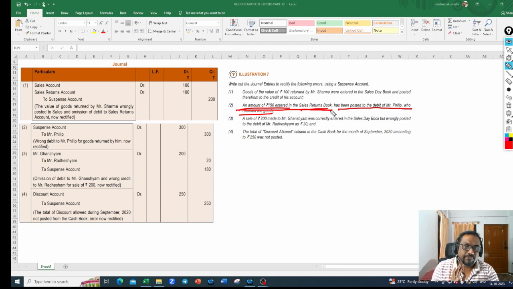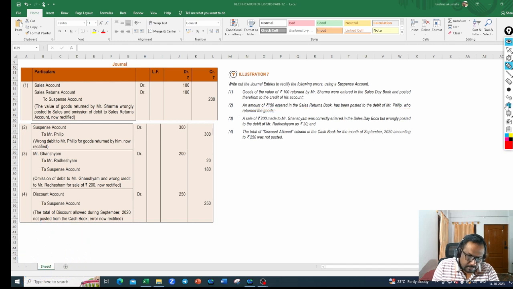When the sales returns are done, sales returns account is to be debited and Philip account is to be credited. So Philip account has to be credited, but they posted to the debit of Philip account. So that has to be rectified.